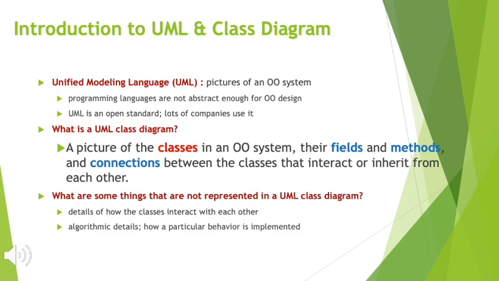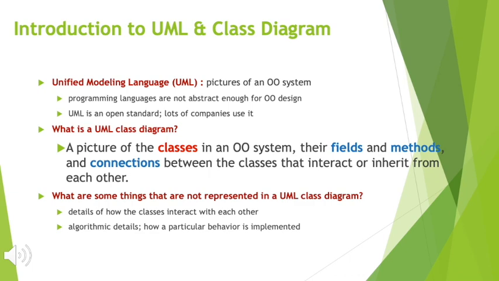And now let's start. Okay, what is UML? UML is short for Unified Modeling Language. So UML will show the big picture of an OO system. In UML, you don't have to decide what programming language you're going to use yet.